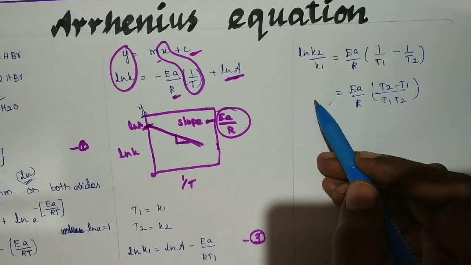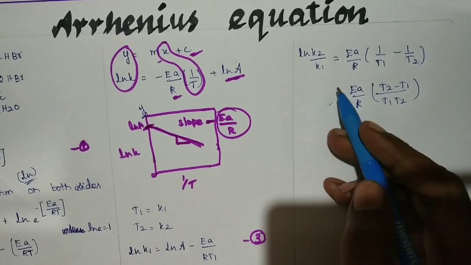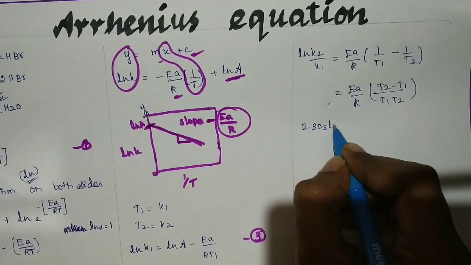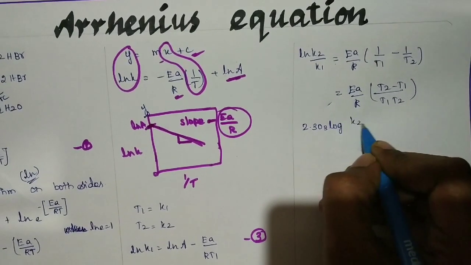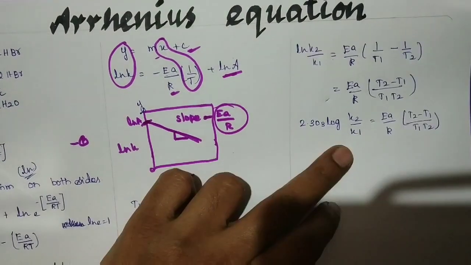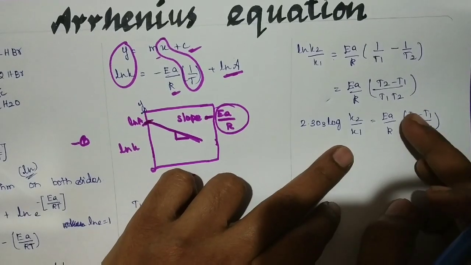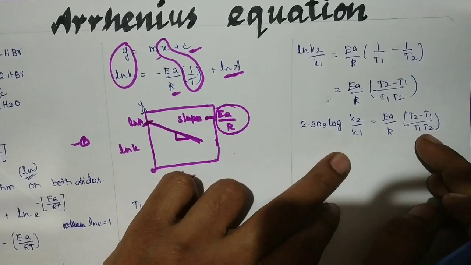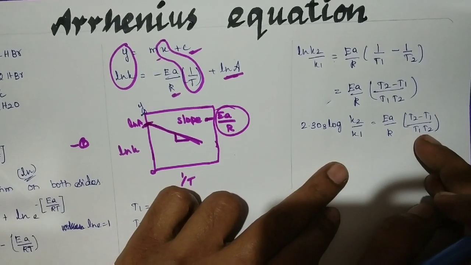Next, the natural logarithm is changed into the common logarithm, so we apply the 2.303 value. 2.303 log k2 by k1 is equal to Ea by R into (T2 minus T1) divided by T1 into T2.